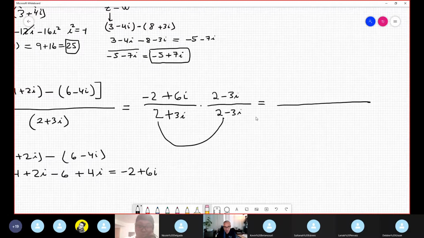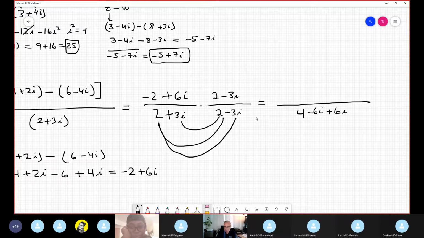2 times 2 is 4. And 2 times minus 3i is minus 6i. 3i times 2 is plus 6i. And here is minus 9i squared.